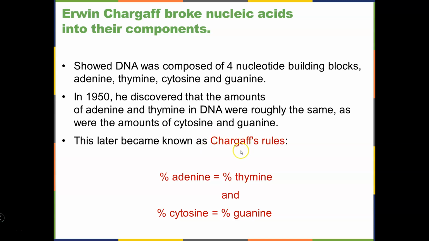And so those are what we know as Chargaff's rules. The percentage of adenine inevitably matches, within experimental error limits, the percentage of thymine, and the percentage of cytosine equals that of guanine. And if you add all 4 together, they'll always be 100% of your total sample.